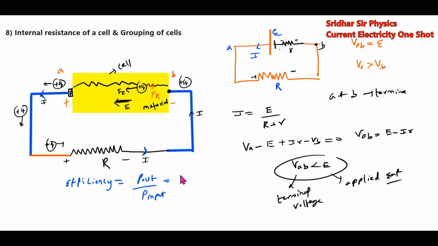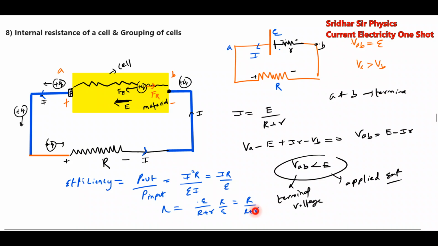The useful output will be I square R. The total input power generated will be E into I. So the efficiency will be IR by E. Further, I is equal to E by R plus r. So the efficiency of a cell depends upon these things.